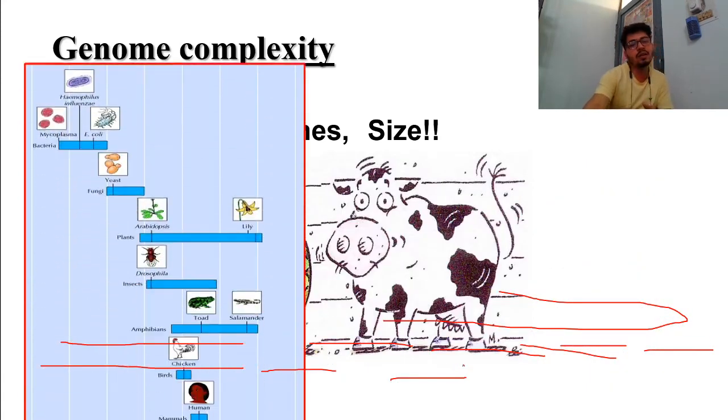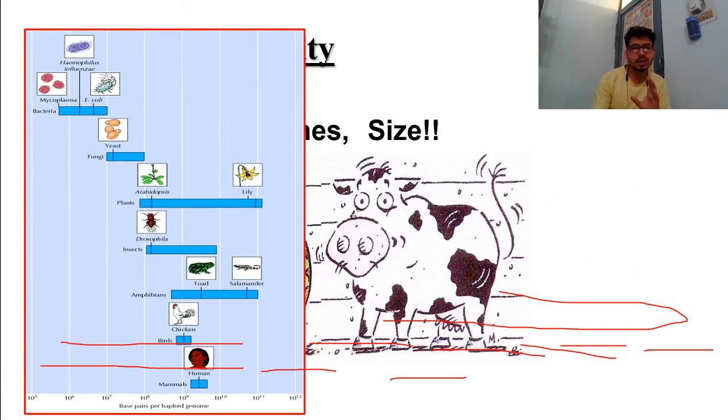As you can see here, Haemophilus influenzae and Mycoplasma. What is Mycoplasma? The joker of all organisms, right? Why is this so? You can go and search.